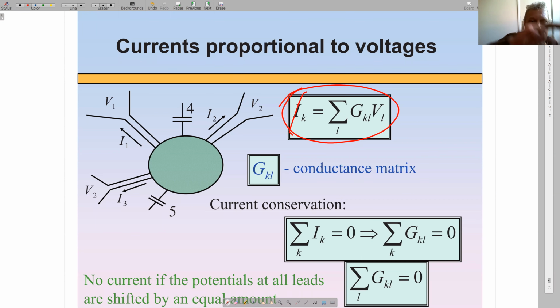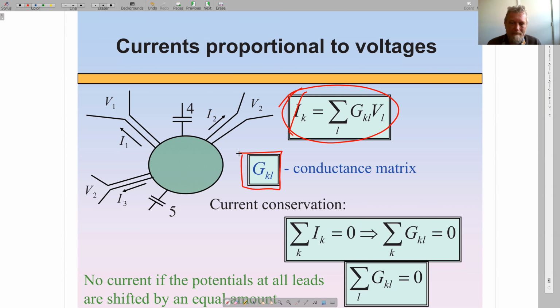Good. So we talk about a linear relation between currents and voltages, and since there are n currents and voltages, we have an n by n conductance matrix. So in multi-terminal structures, conductance is a matrix quantity.